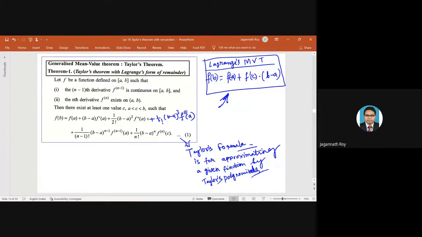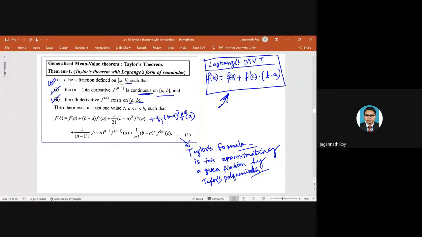So Taylor's theorem says, and this is the formal definition of Taylor's theorem or Taylor series: if f is a function defined on the interval [a, b] such that the nth order derivative is continuous on this interval, and the nth derivative will exist on the open interval (a, b).